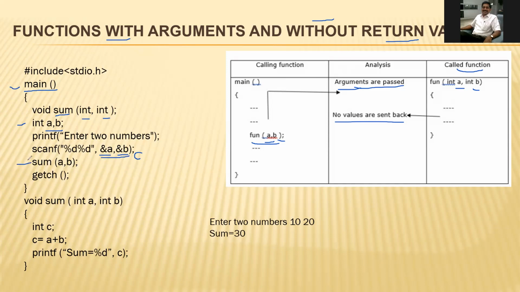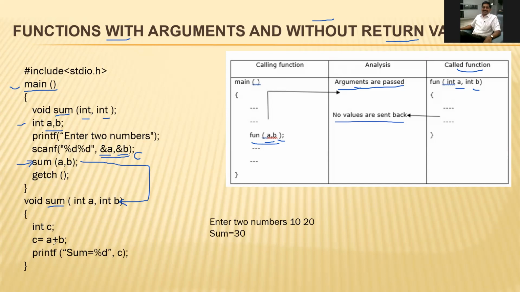Now this is the function call. This function call will pass the values of A and B, which are taken in the calling function, to the sum function. Now the sum function is taking the values from the calling function.